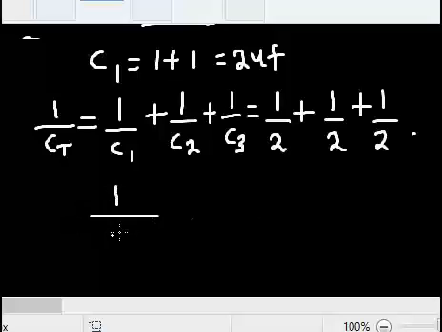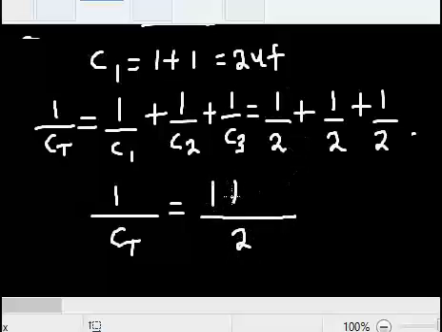LCM is what I'm going to apply here, not product over sum. Please, product over sum is just for 2 capacitors. So the LCM here is 2. 2 divided by 2 is 1, 1 times 1 is 1, the same for the others. So that's going to be 3 over 2.